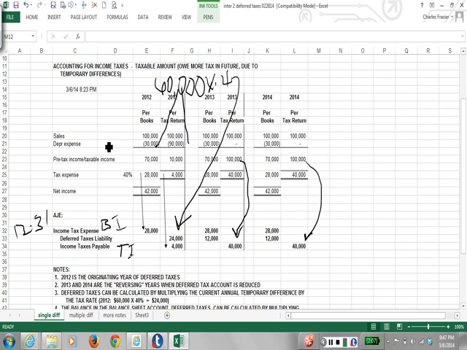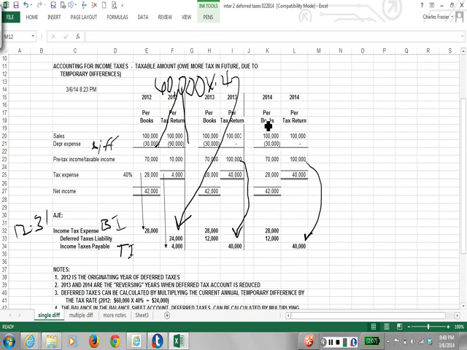You will notice the only difference is depreciation. So depreciation is different. It's lower on the books, higher on the tax return in year 1 only. Year 1 is known as the originating year. This is the year in which the temporary difference initially occurs.